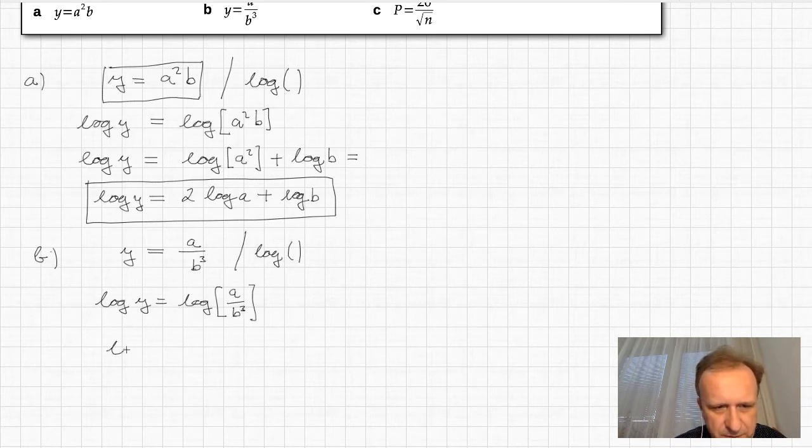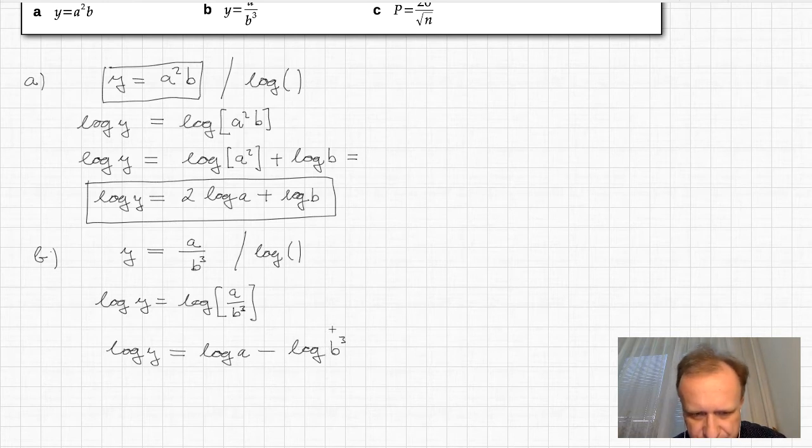Now I can use the second logarithmic law about the logarithm of the quotient, so it's the logarithm of a minus the logarithm of b to the power of 3. Let me use brackets here. I could have used simple brackets like this.